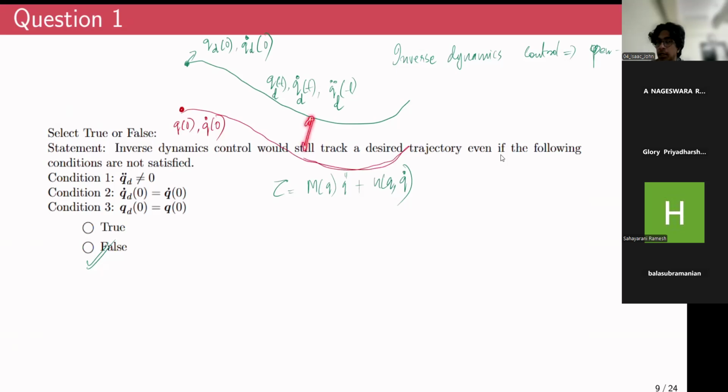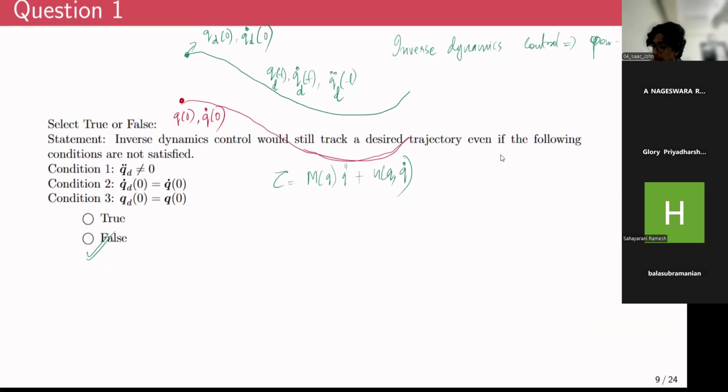Both of them are similar, the desired and actual, but you can see that there is always going to be a finite offset between the desired and the actual trajectory, right? So in order for this not to happen, the initial positions and velocities of the desired trajectory should coincide with the initial positions and velocities of the actual trajectory.